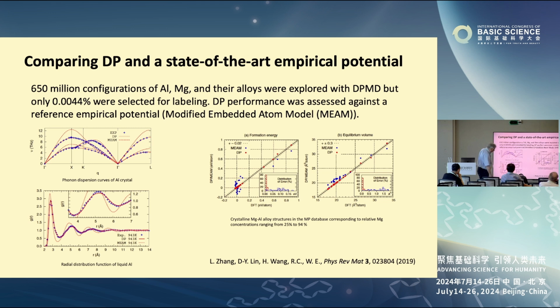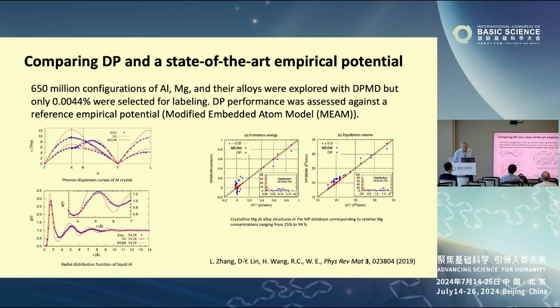Also here we have the pair correlation function of liquid aluminum when the system melts at high temperature. So this is a temperature above 900 Kelvin. And we can see again that the deep potential reproduces quite well, relative to experiment, the pair correlation function, while the MAM potential does not.